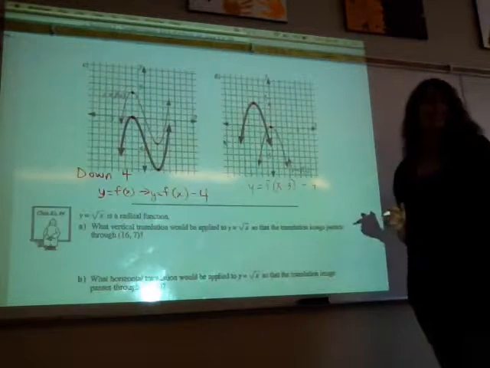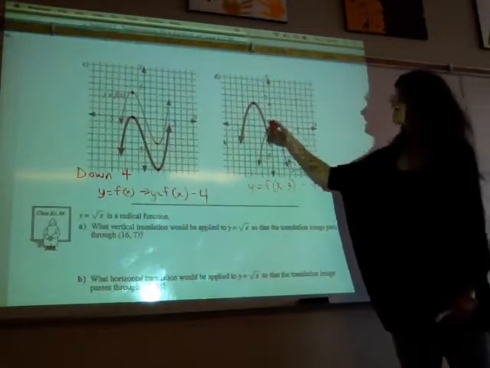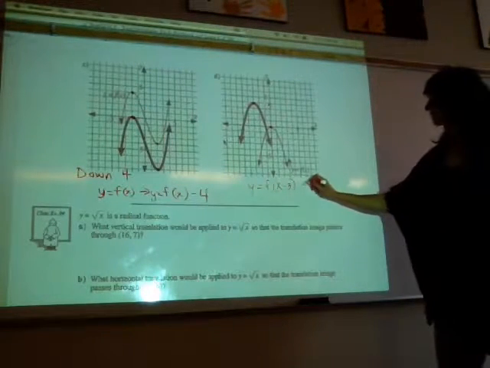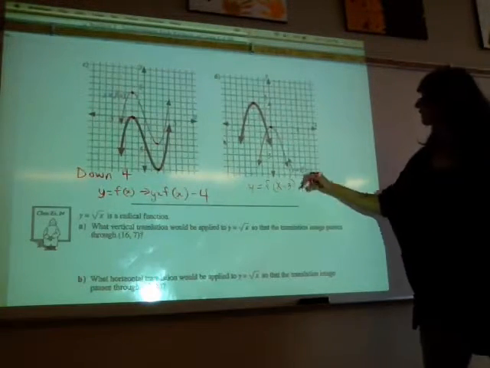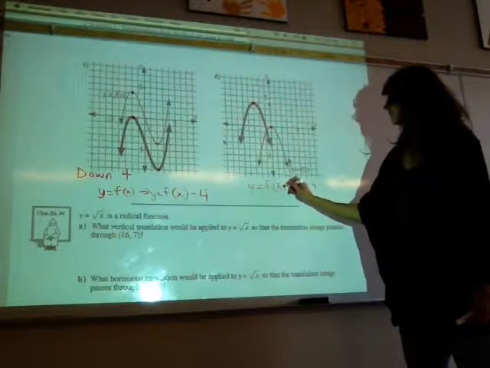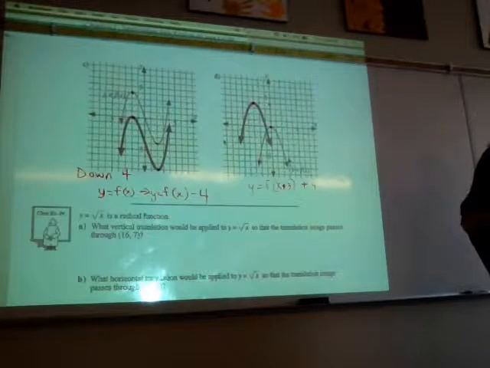Yeah, I confused the thin and thick. Okay, let's start over. The thin one is the original, and then the thick one's the new one after the f of x transformation. Okay, so we're going to go up 4, and we're going to move to the left 1, 2, 3. So we have to just change the signs. Good. That's fine, you got it.